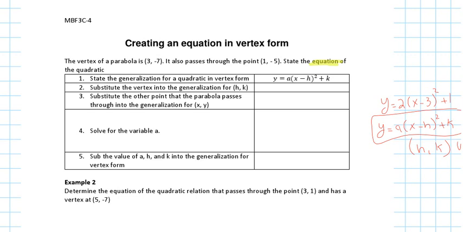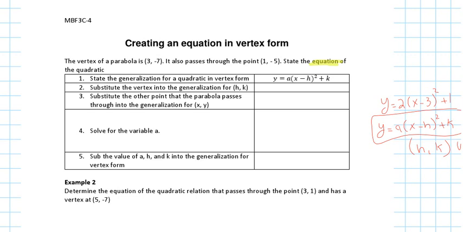Because the vertex is given to you, what form do you start with? What's the form that you're going to use to substitute h and k? Put your hand up please if you have an answer. Since I've given you the vertex, what form are you going to use?